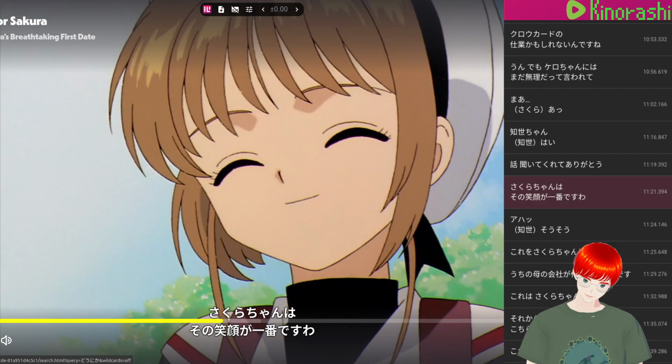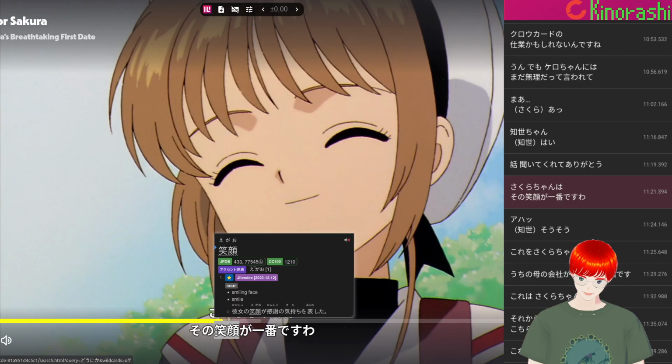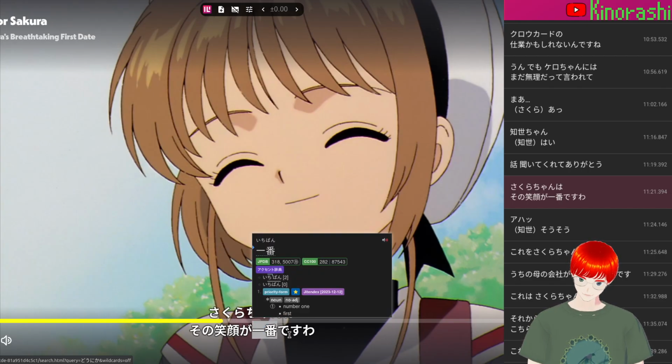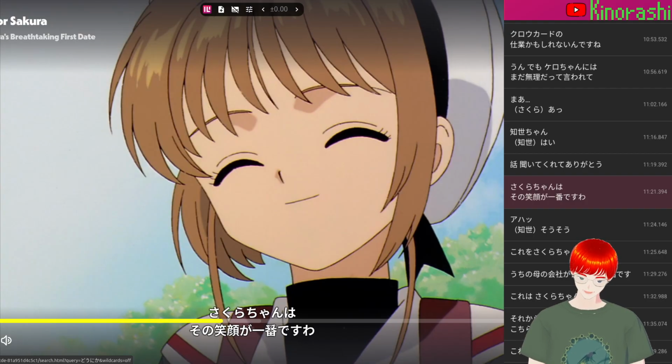Yeah, this kao has to do with face, and this is the kanji used in warau, but in addition to laugh, it can also have a smiling nuance. So smiling face. Sakura-chan wa sono egao ga ichiban desu wa. So, Sakura-chan, your smiling face is the best.